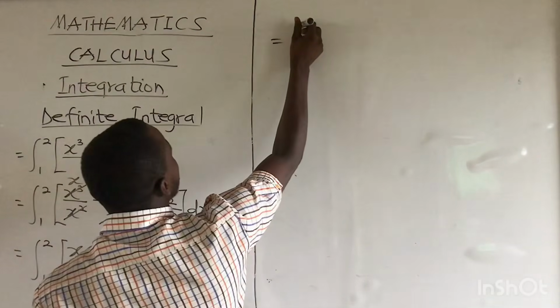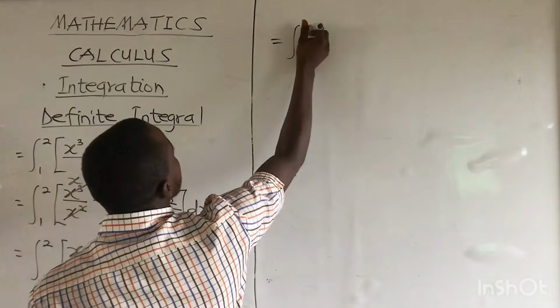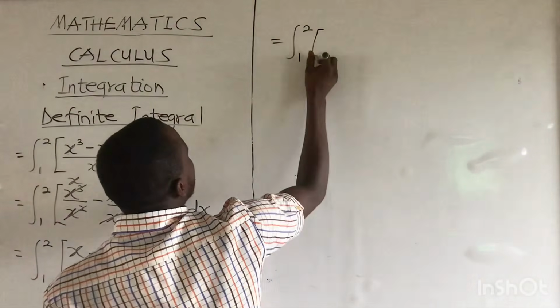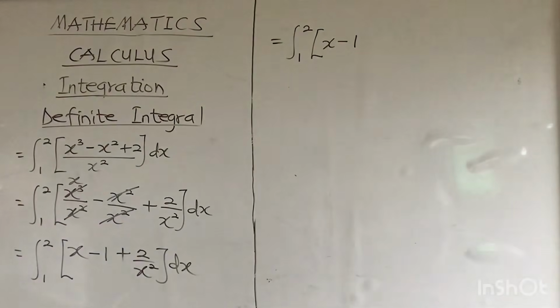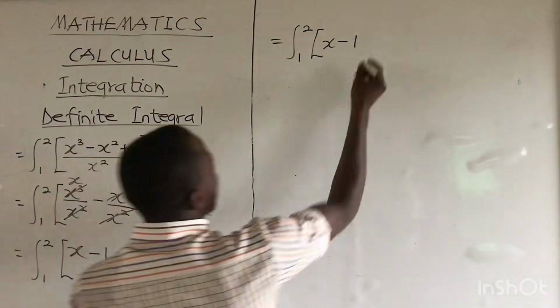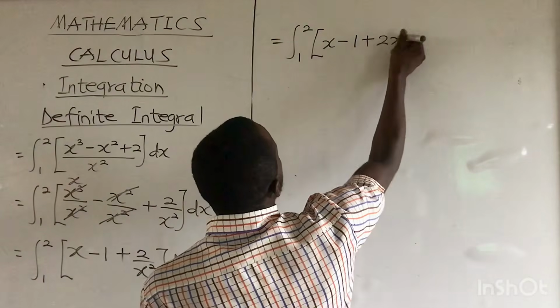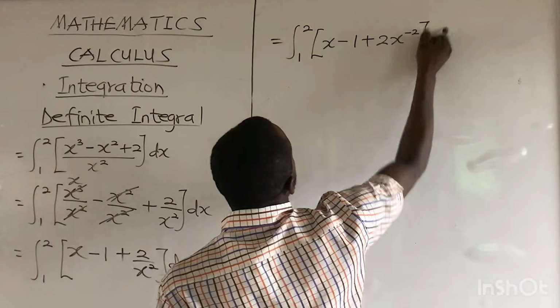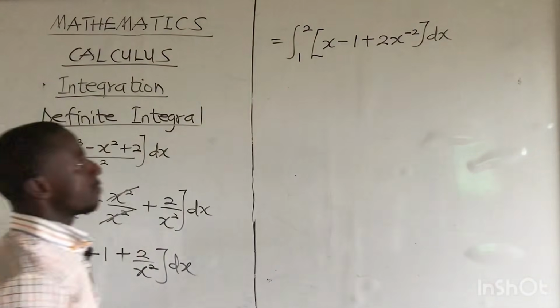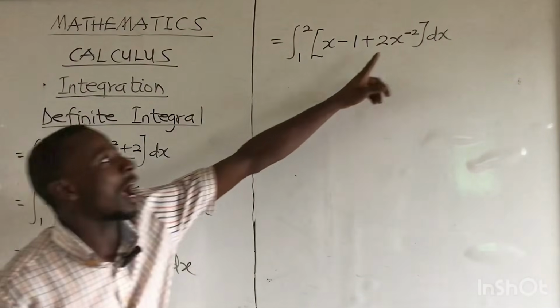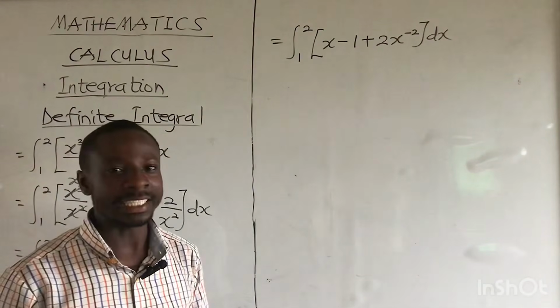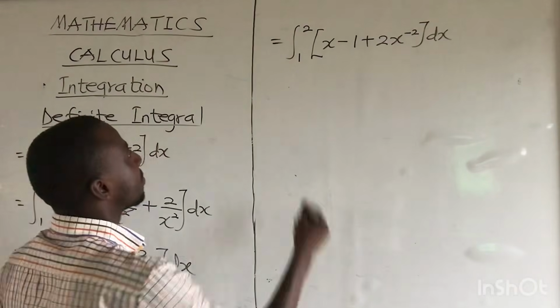So we still have the integral from 1 to 2. Then we have x minus 1. Now we know that 2 over x squared is the same as 2x exponent negative 2 dx. So when the x squared is moved up, we are supposed to negate the exponent.